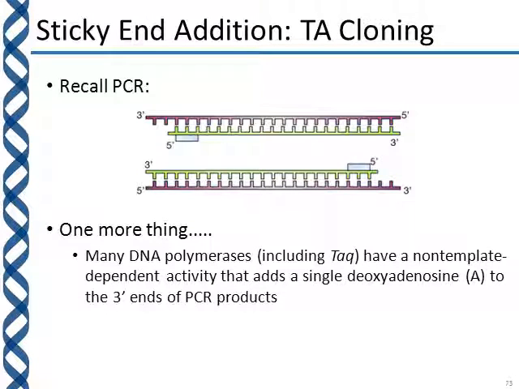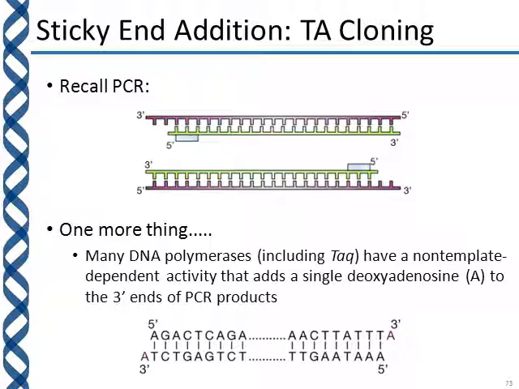many DNA polymerases, including Taq, have a non-template dependent activity that adds a single deoxyadenosine, an A, to the 3' end of the PCR products. And here we show that adenosine located on the 3' ends of both chains.